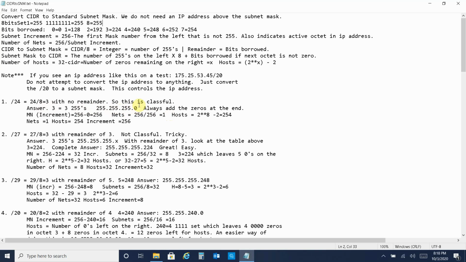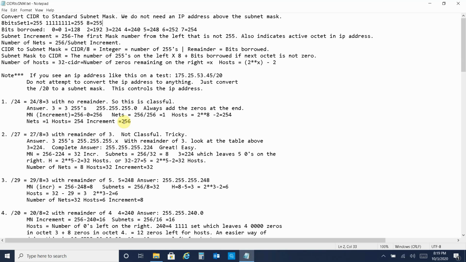Those 8 become the exponent for the number 2. And we take 2 away from them, and that gives us 254. So our number of nets is 1. The number of computers or devices we can host is 254. And the increment between each net is 256.